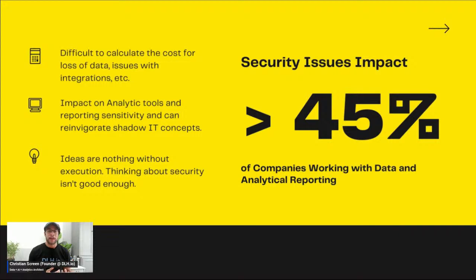Then, of course, the impact on any of your analytical tools when you have internal customers or external customers who come to rely on the data that you're managing or the analytics or the reports that you're managing. And this is becoming even more relevant in today's generative AI push and the relevancy that data has on it.